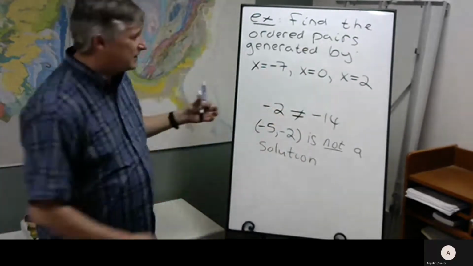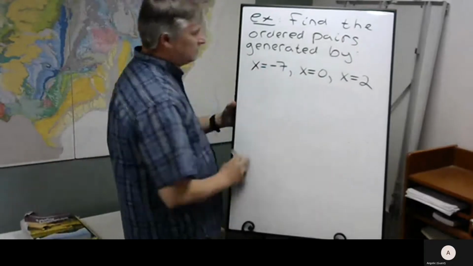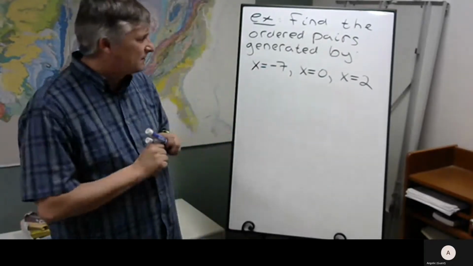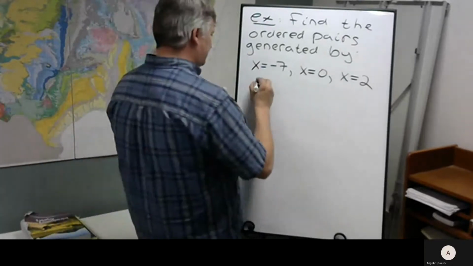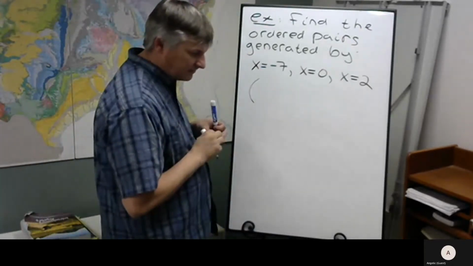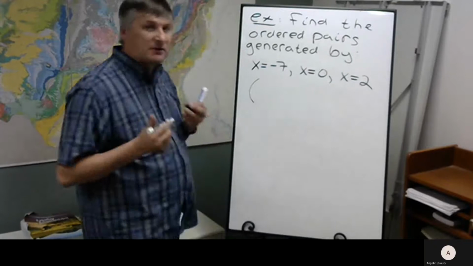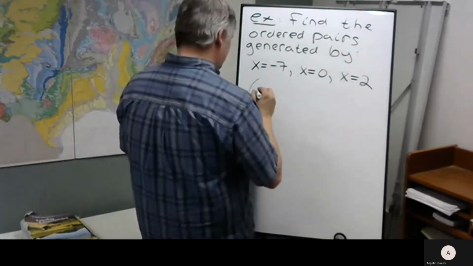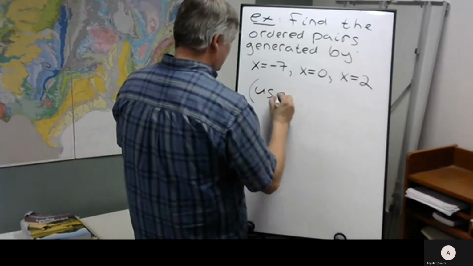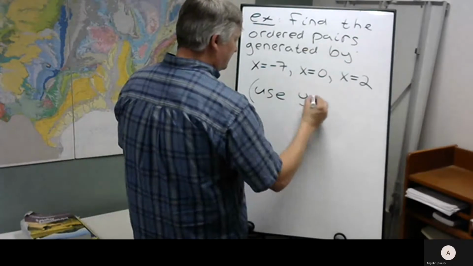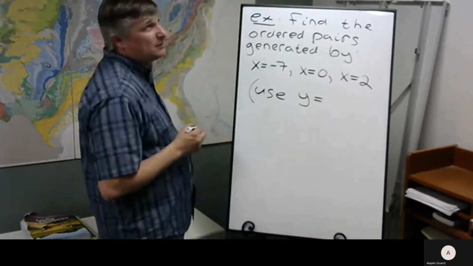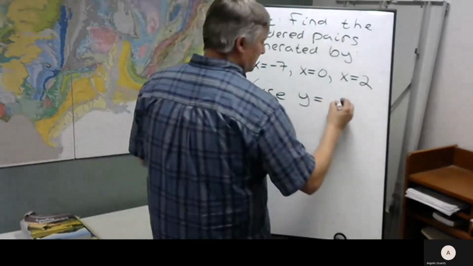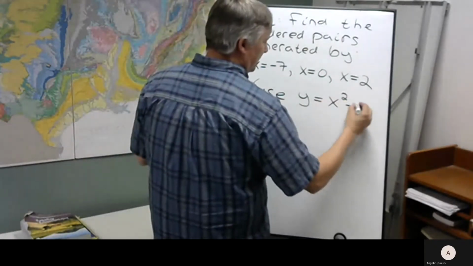Now what I probably should have done in the beginning here, well, for what function are we generating ordered pairs? So let's come up with not a function, but a 2-variable equation, or equation with 2 variables. So let's use y, and that's going to be equal to x squared minus 3.